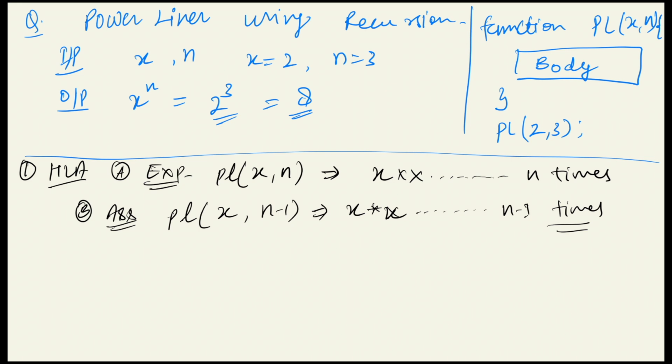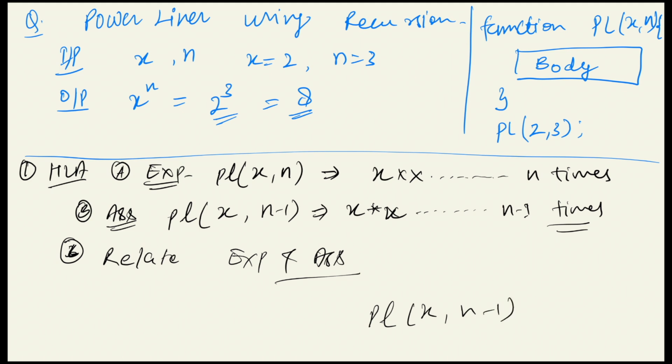Okay, so now we will consider our third point, that will be relate expectation and assumption. Okay, so here what will be needed, like we have power linear of x comma n minus 1. Okay, we have this term. So here in this term, we can see that x will be multiplied by itself n minus 1 times.